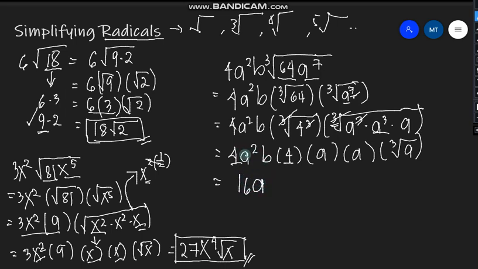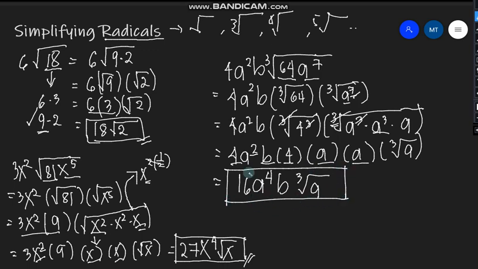Then, let's count your a. You have 2 there already. 2, 3, 4. 16a raised to 4, b, cube root of a. So, that is the simplest form of your radical 4a squared b cube root of 64a raised to 7.